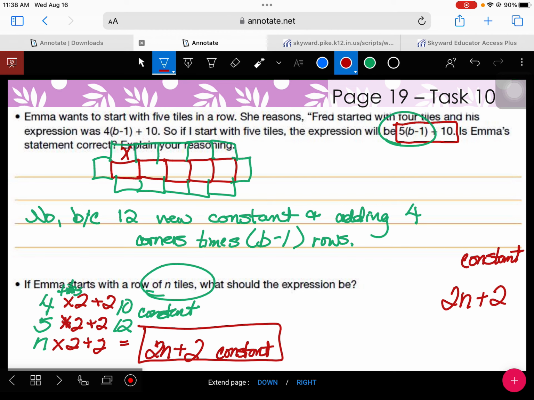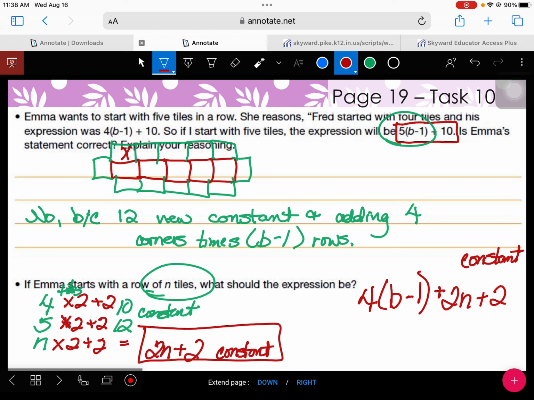How did we show adding 4? 4 times b minus 1 again. It's still adding 4. You said 4n. Well, that's the same. No, it's not. I don't think so. The number of tiles. 4 times b minus 1 plus 2n plus 2.